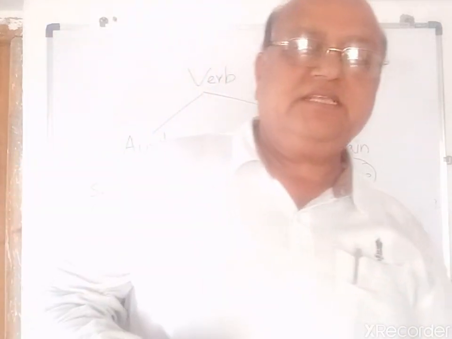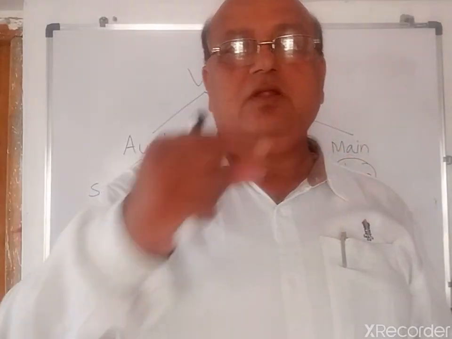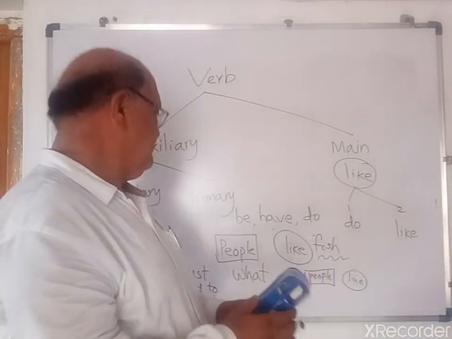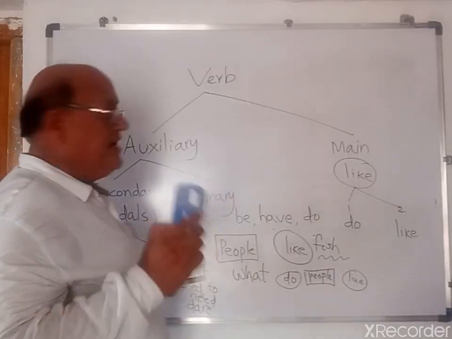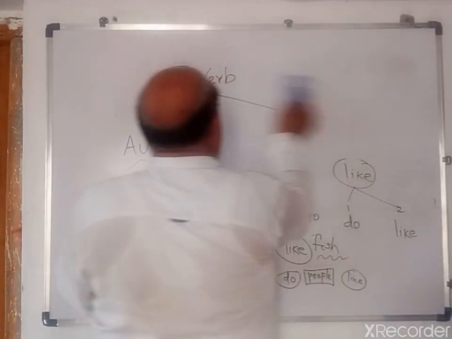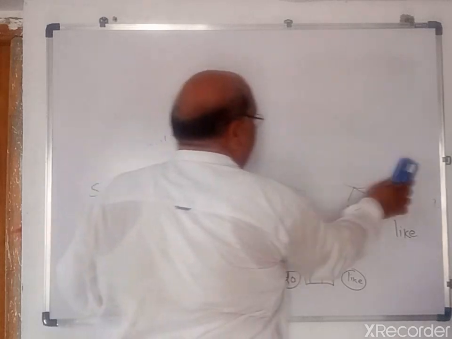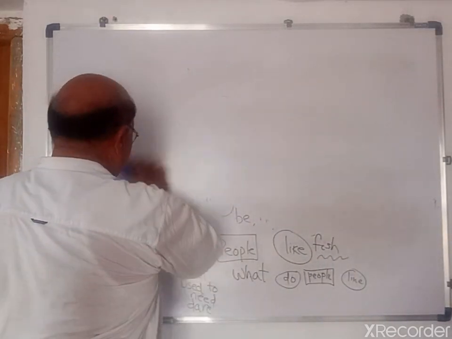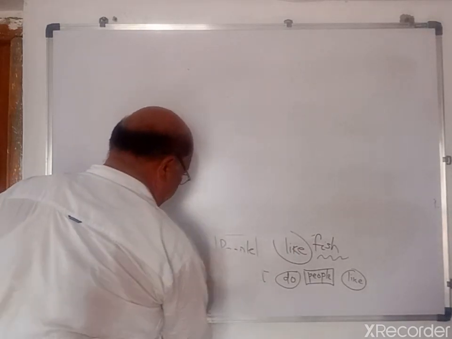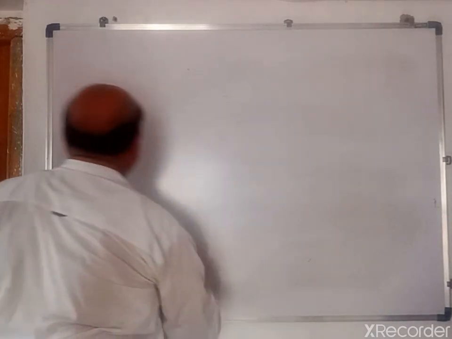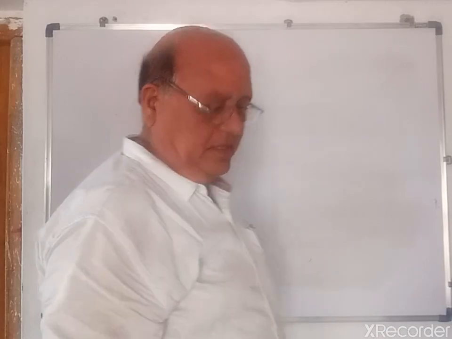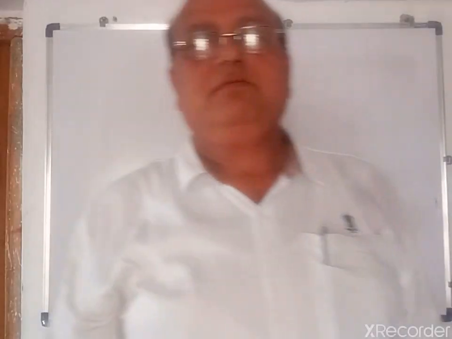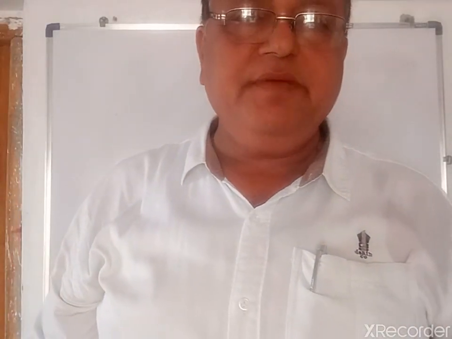So the verb decides how long the sentence could be. If I want to write a sentence, the verb will decide how long it will be. Suppose I will use one word, Mohan. Does it get any meaning?